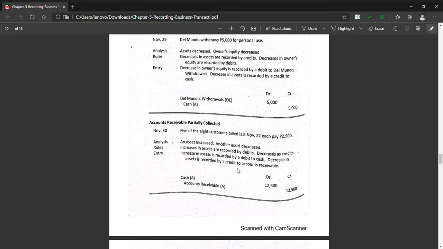While expense naman, normal balance ng expense is a debit, while normal balance ng income is credit. Okay? Tapos tignan nyo kung nag-increase or nag-decrease ba ang mga accounts. Then, i-record nyo na sa appropriate column kung debit ba siya or credit.